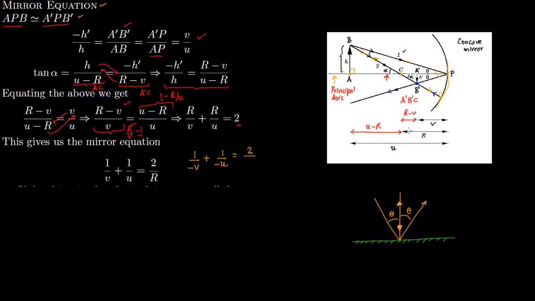This is equal to 2 over R, which again is measured from point P to C. Again, the light is incident in this direction and we are going in the opposite direction. So we are going from P to C because the distances are measured from the pole of the mirror. So from P to C we are going in the opposite direction. So again we have minus R. So the minus sign just cancels out. So you again get the same equation. So this is the mirror equation.